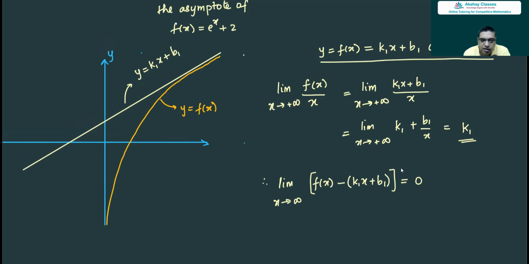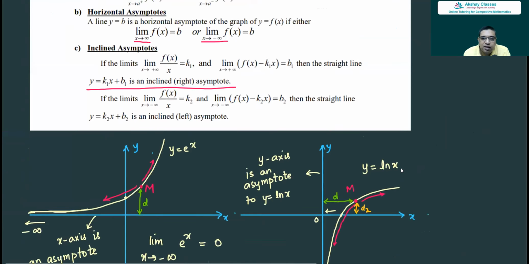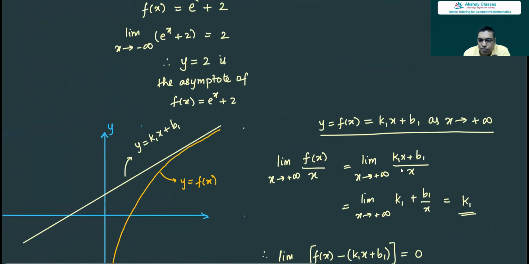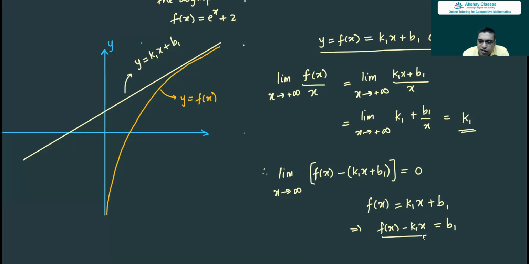That's the idea. So if this is equal to 0, at that point both are equal. That means f of x minus k1x, if I add b1 on both sides, f of x minus k1x is equal to b1. I don't know k1, I don't know b1. So first I find k1, then I find b1.